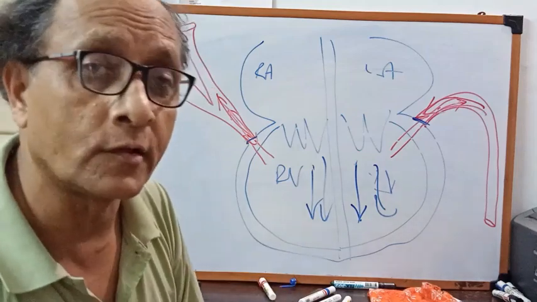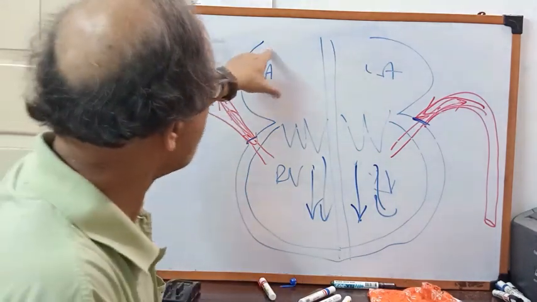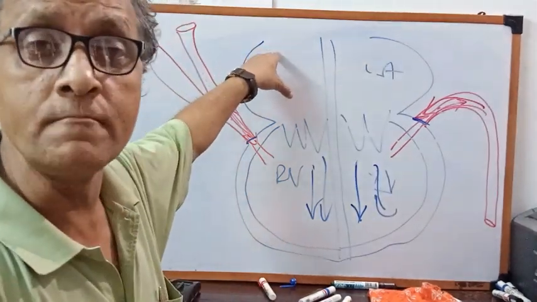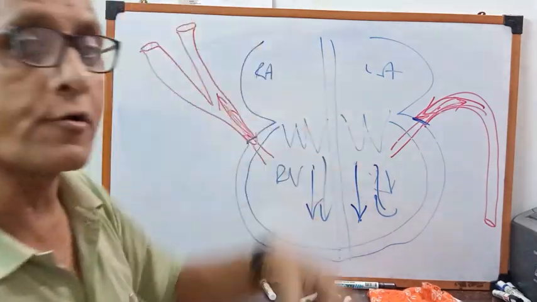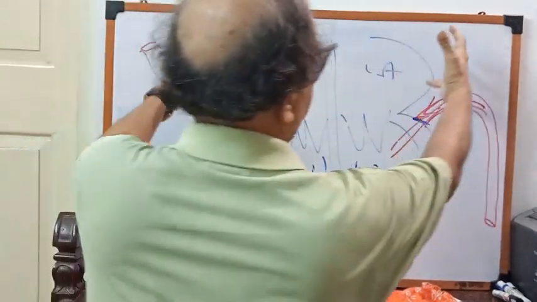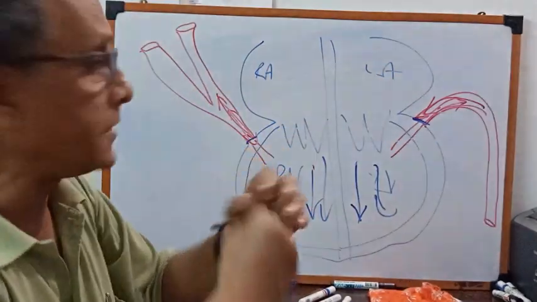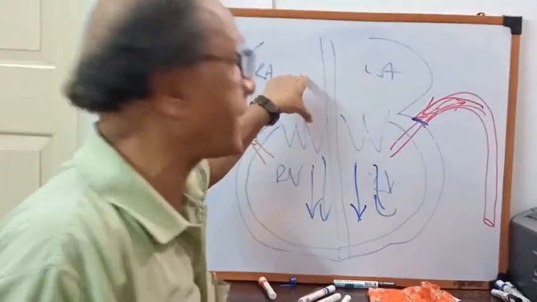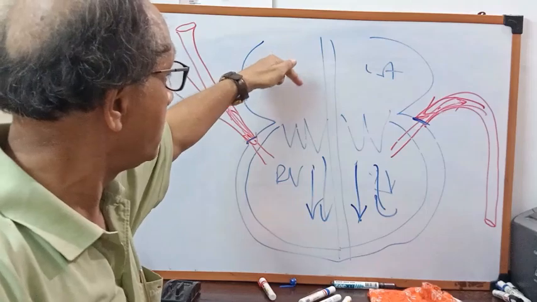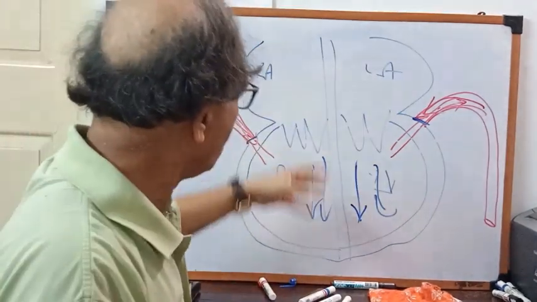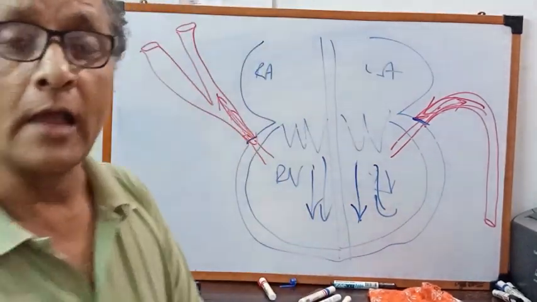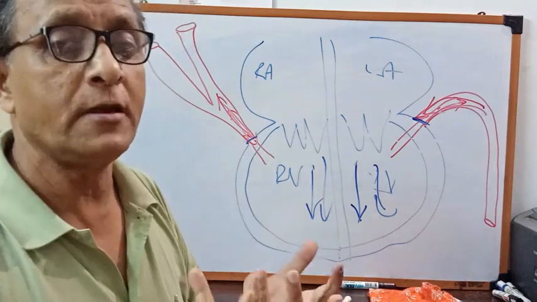And there is a third phase during which there is an onset of SA nodal rhythm and atrial contraction. When the atria actively contract, generating a lot of pressure in the atria, it will again push some amount of blood into the ventricle, and that is known as the second rapid filling phase.